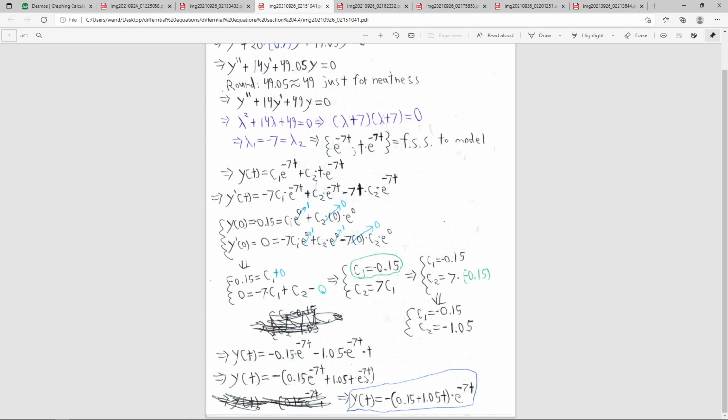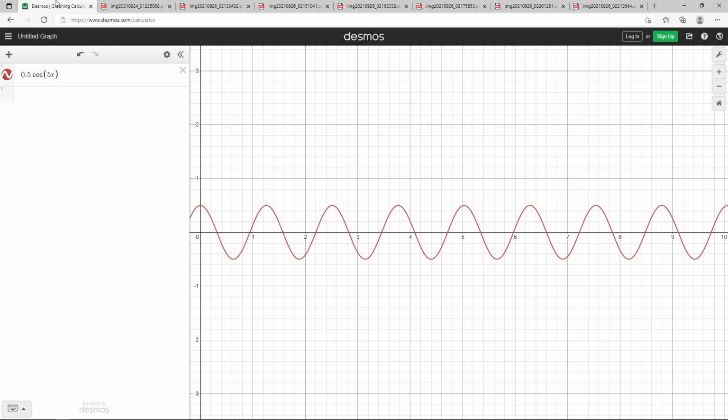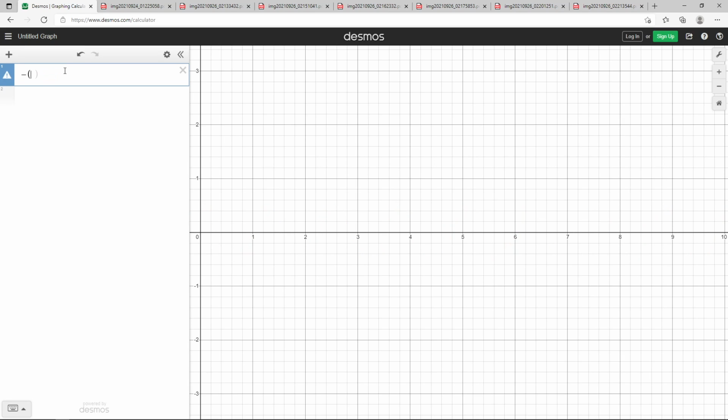We can factor out e to the negative 7t to get negative 0.15 plus 1.05t, all times e to the negative 7t. And this is supposedly the best way to graph it, but we're not going to worry about graphing that by hand at all. So let's look at this.